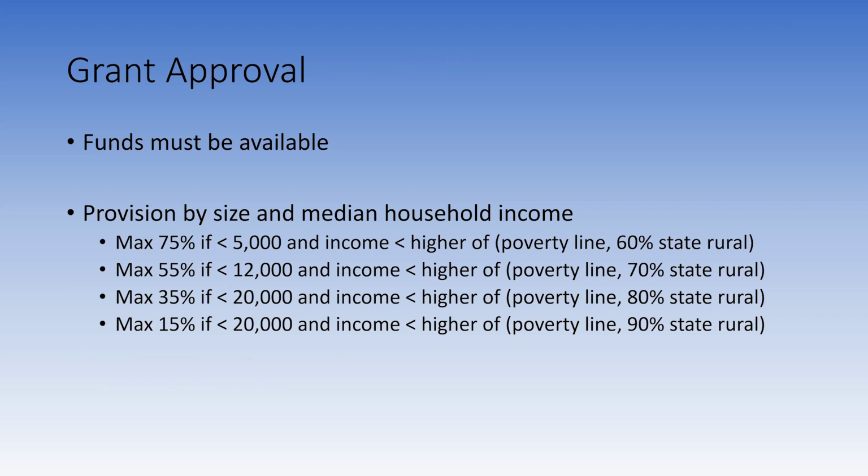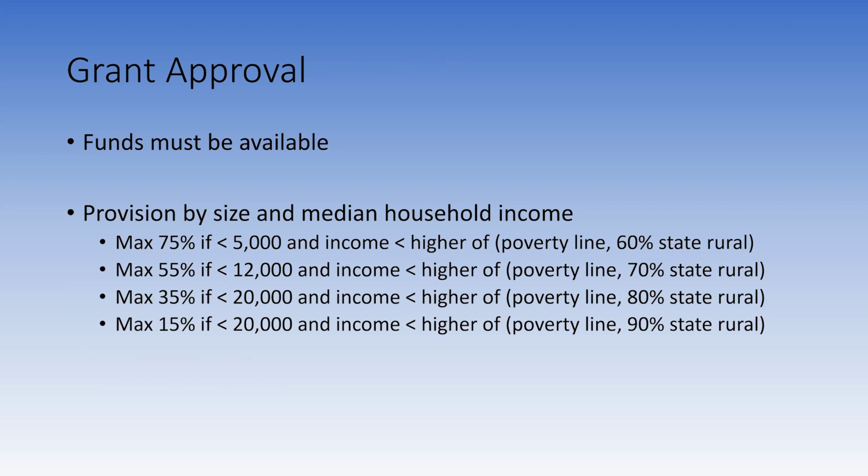Just to give you an idea, I did look up a recent number of the state's non-metropolitan median household income. This is a recent number, though possibly not the latest. I know the US Census Bureau just released a lot of new information, but a recent number I have to give you a ballpark was 43,780 as the state's rural median household income.